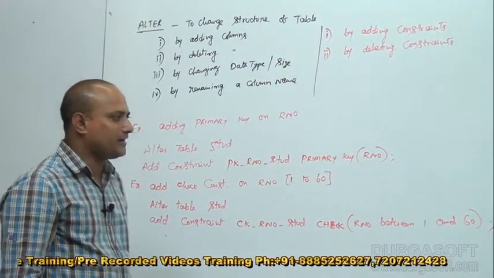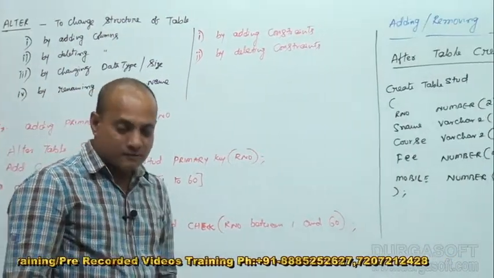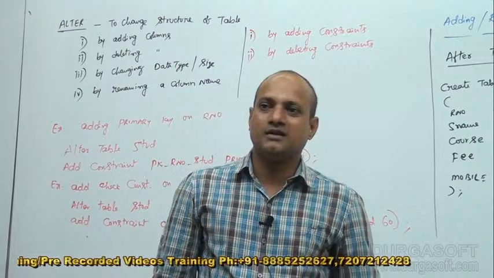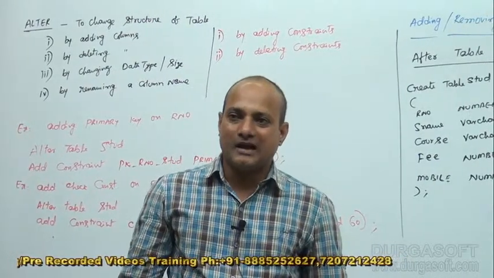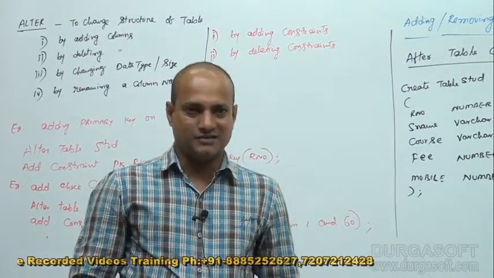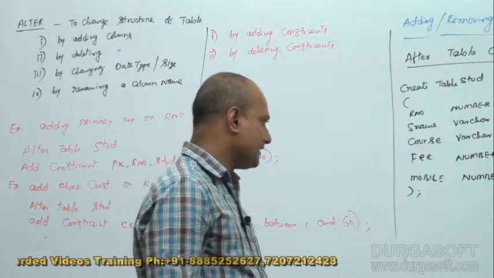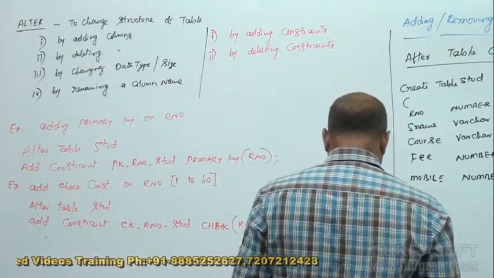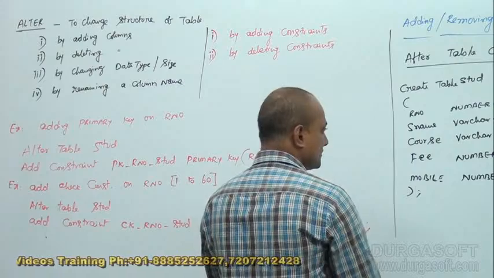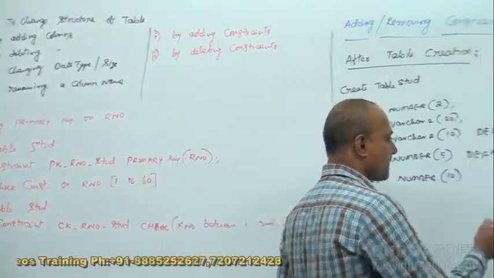The next one is also adding a constraint. You can also add a foreign key constraint. Let me add a foreign key constraint on the table product details. Let me consider the tables here.